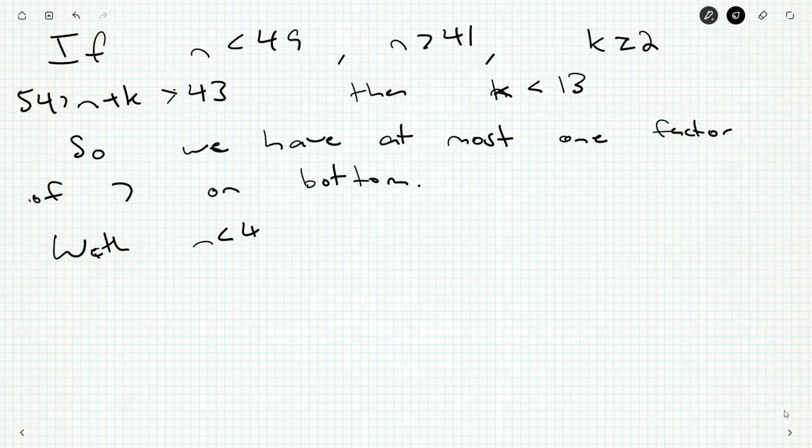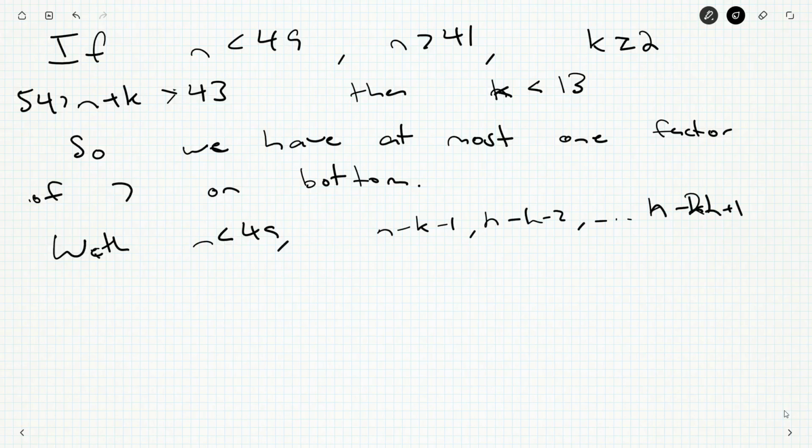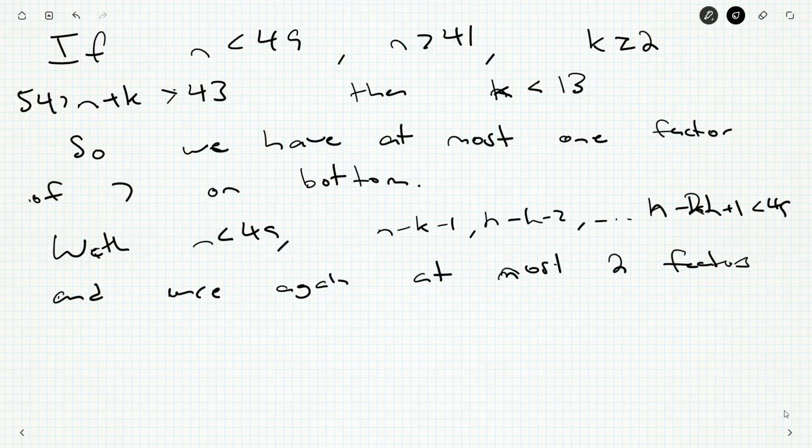With n less than 49, n minus k minus 1, n minus k minus 2, and n minus 2k plus 1 are also less than 49. And once again, at most 2 factors of 7 for the top.